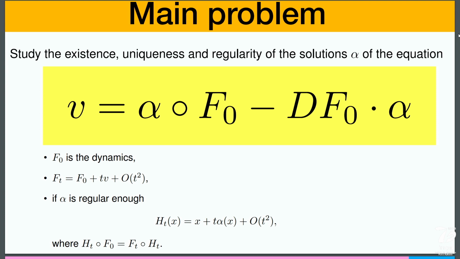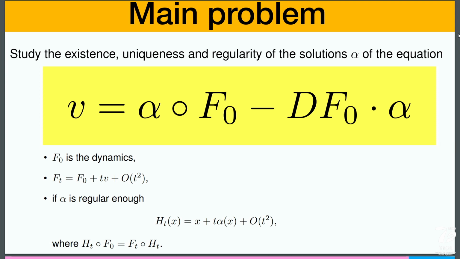If you want to, you can just forget everything that I said. What I'm going to do now is, I have this cohomological equation, and you have F t, some dynamical system on the real line, and you have some V, a vector field, and I want to find alpha, a solution for this, and to prove that the solution is regular enough to do my business, okay? So it's the usual thing.